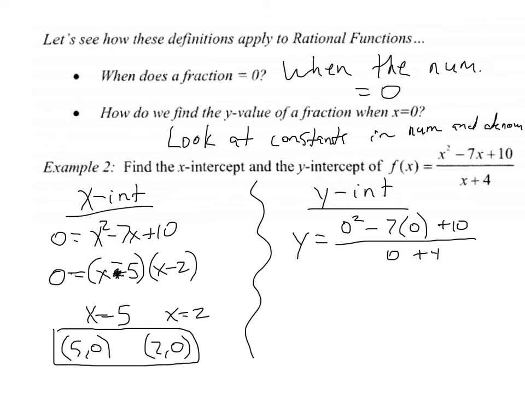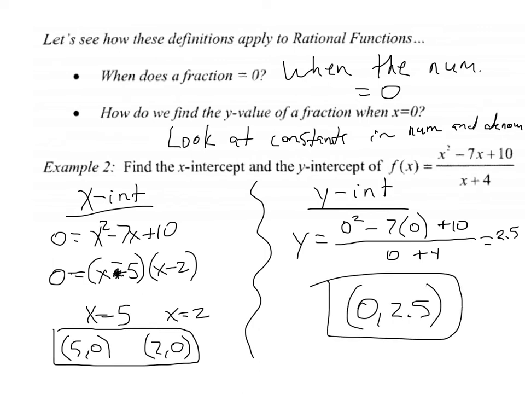At least then you're showing me some work of what you did. So you just get 10 over 4 from that, or 2.5. You plug the 0 in for x, you got 2.5 as your answer at that point. So we can get 10 over 4 right away, but you can show some work and that doesn't hurt. So hopefully that's not too hard to follow there.